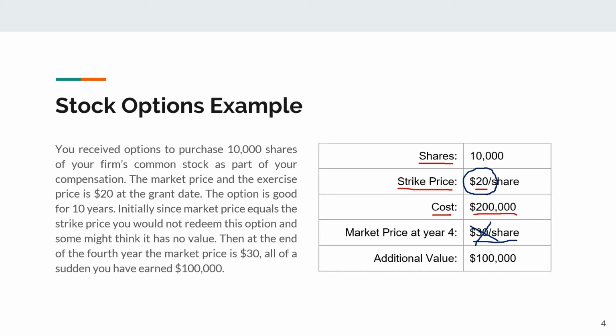So even though there's a value of $300,000, you only pay $200,000. Therefore, you automatically have a value of $100,000.